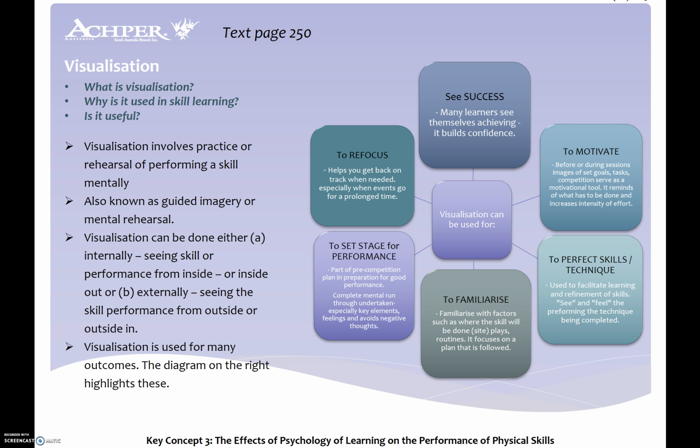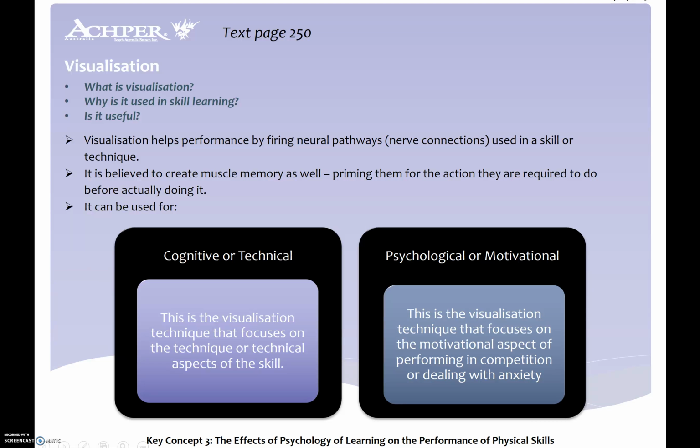It can be used for many outcomes, as we can see on the right here. It can be used to refocus, to see and visualize success, which in turn helps motivate, to perfect skills and technique, to facilitate the learning and refinement of that skill, to familiarize yourself with those skills and to set the stage for performance.